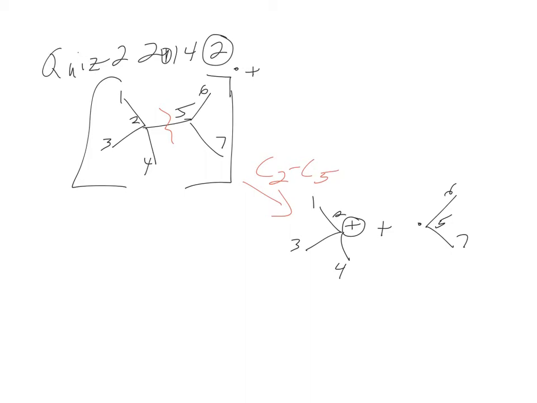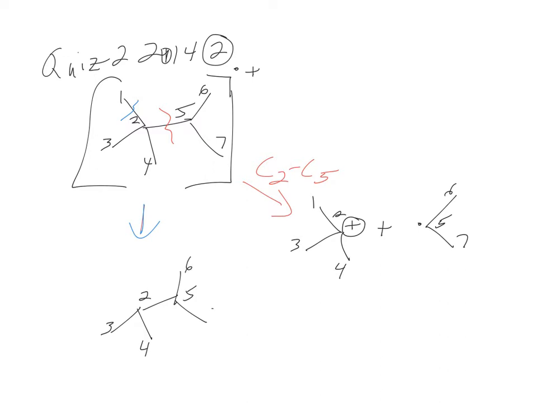So that would be the most likely fragmentation. The one I had isn't as good. If you broke one of these off, there could be an argument made that there's more of those, so it's more likely to break. But if I broke here, I'd also have a tertiary carbocation, right? But then I'd also have a methyl radical, which wouldn't be good at all.